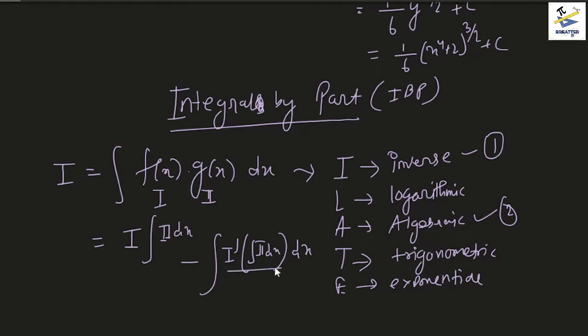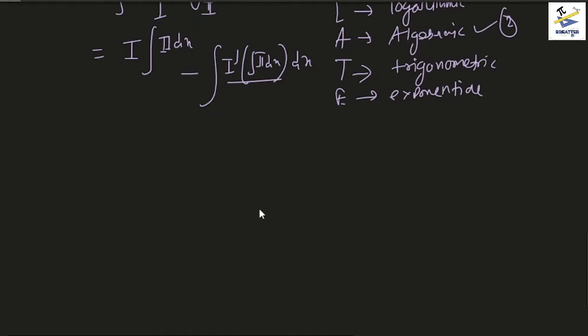So this is how it works. You take the first function and multiply it by the integral of the second, and you subtract from it the integral of the derivative of the first function into the integral of the second function. So let us take some examples so as to understand how this works.